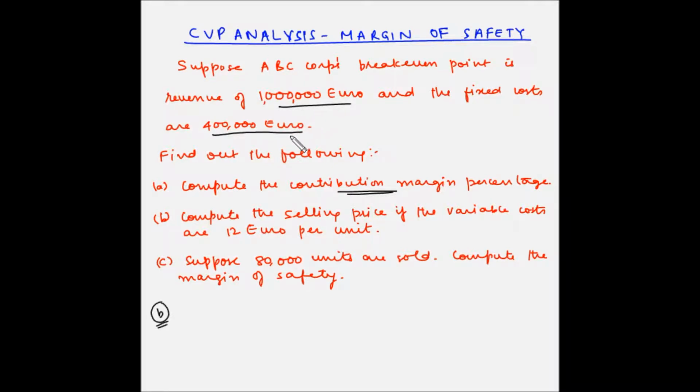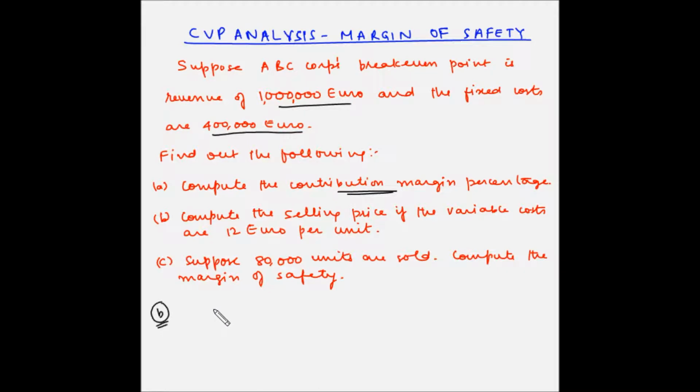We have the fixed cost. We have the variable cost per unit, and we want to find out the selling price. So we have to find out a relationship between the break-even point in terms of revenue, the fixed cost, the selling price, and the variable cost in order to find out the selling price.